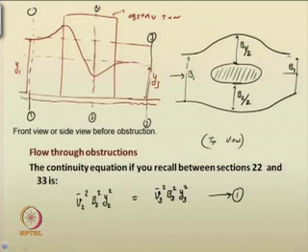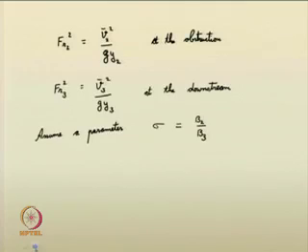As you can see, B2 may be less than B3, but there may be some cases where the combined width B2 by 2 plus B2 by 2 may be greater than B3, but that does not matter now. Let us assume this as a parameter. So, using these parameters, the continuity equation can be written.